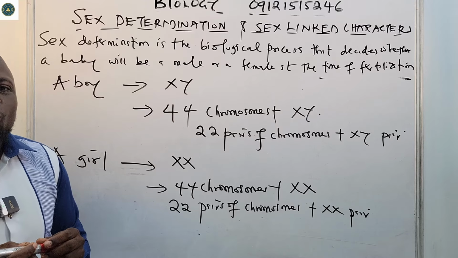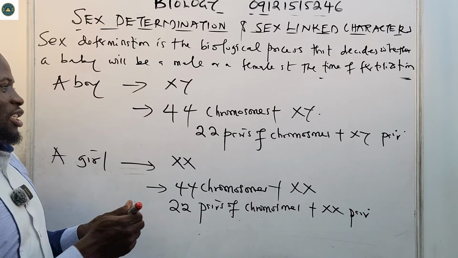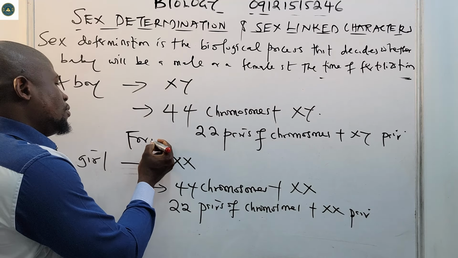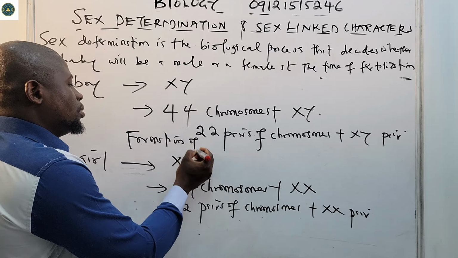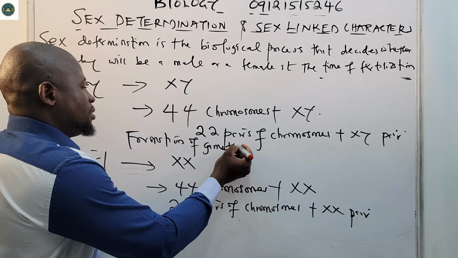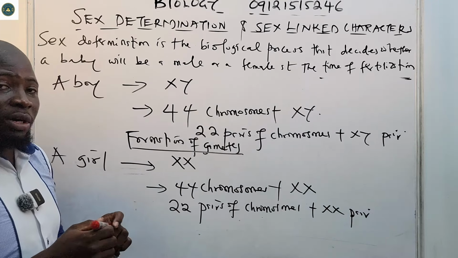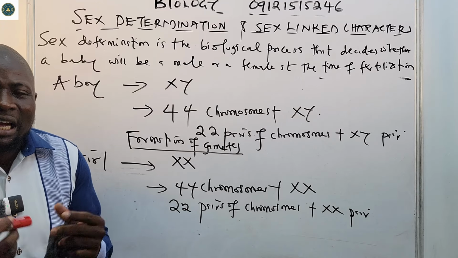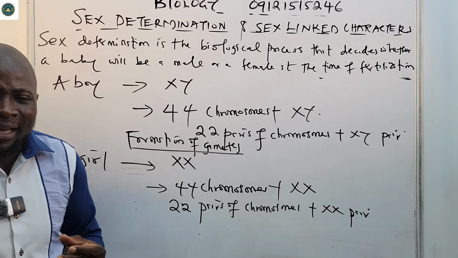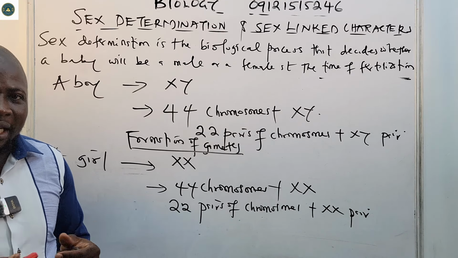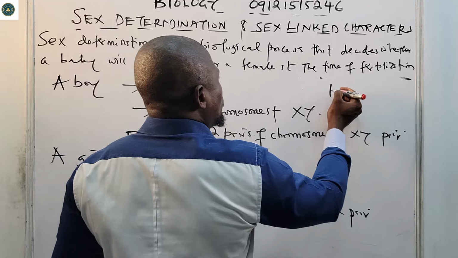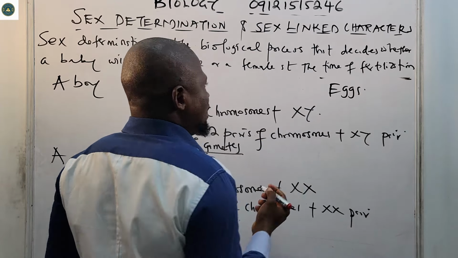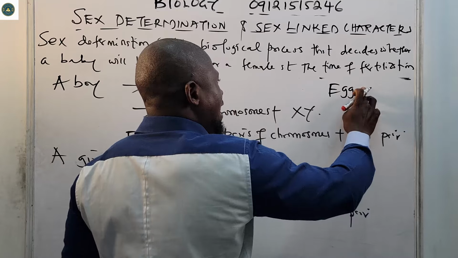Now, during sexual reproduction, there is something we call formation of gametes. During sexual reproduction, gametes are formed. In the females, they will produce eggs.